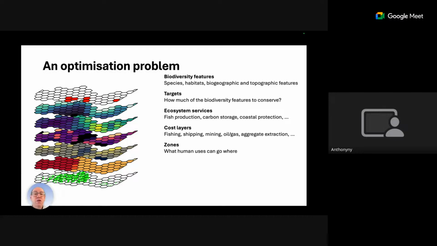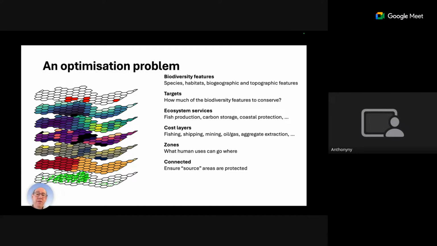What human uses go where? So if we generalize this idea, you can think of a more general zoning problem. So where do we put the protected areas, but also where is some of the fishing best put, and where might desalination plants, etc., be best put?